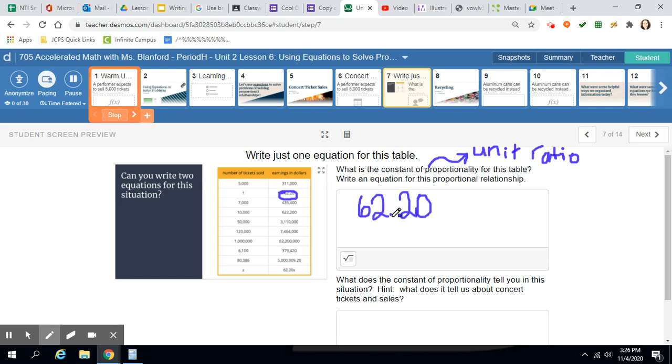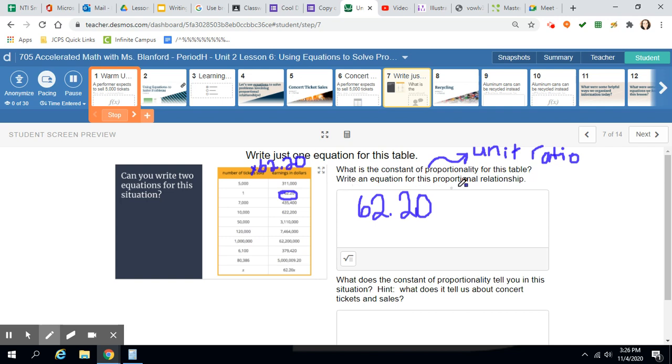You might also remember that constant of proportionality is also telling us for this first column, if we have any number of tickets that we sell, it does not matter how many tickets we sell, if we want to figure out how much money they make, we have to multiply the number of tickets by the COP, or $62.20. So either way, it's $62.20.